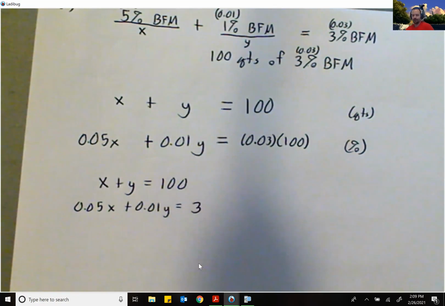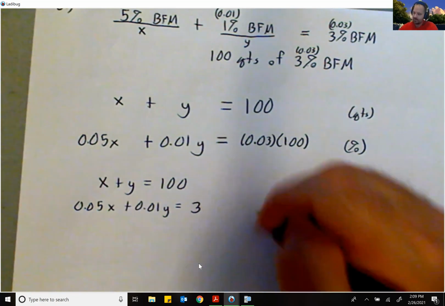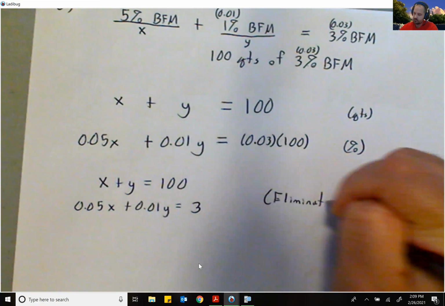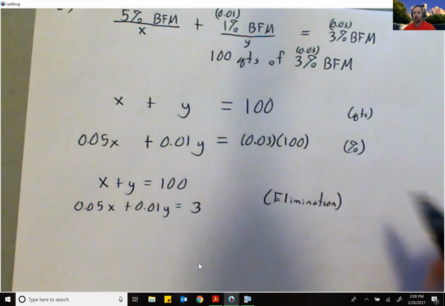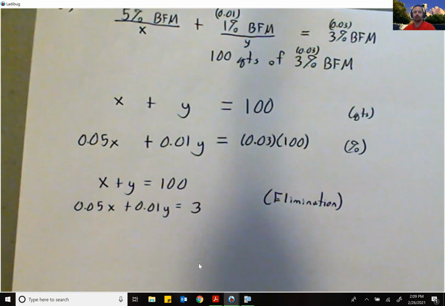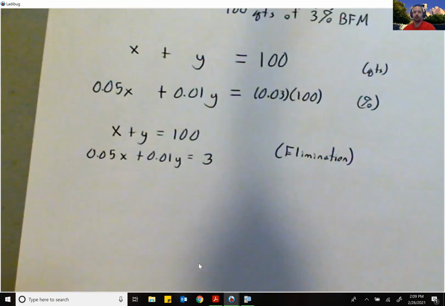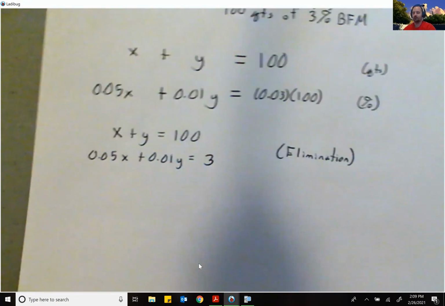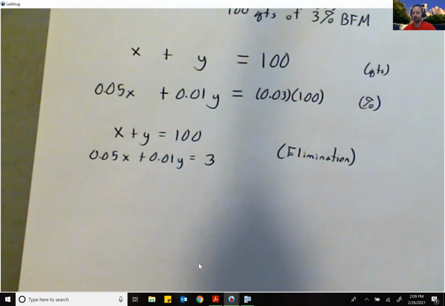Okay. So we're going to do elimination. We need to pick a variable. Catherine, pick a variable, X or Y? X. So we're going to get rid of our X's.